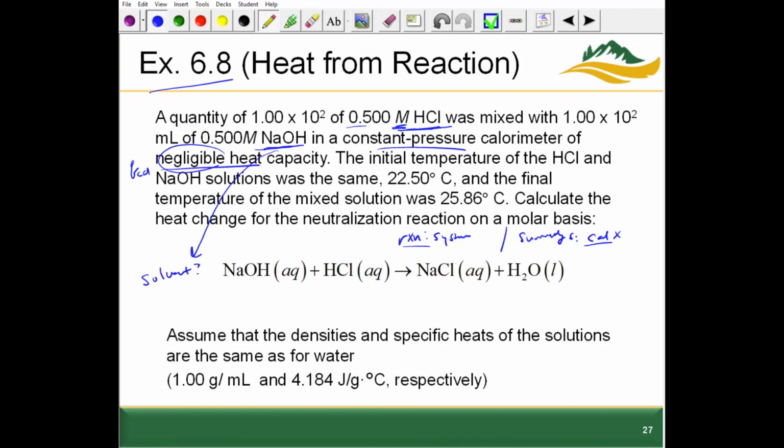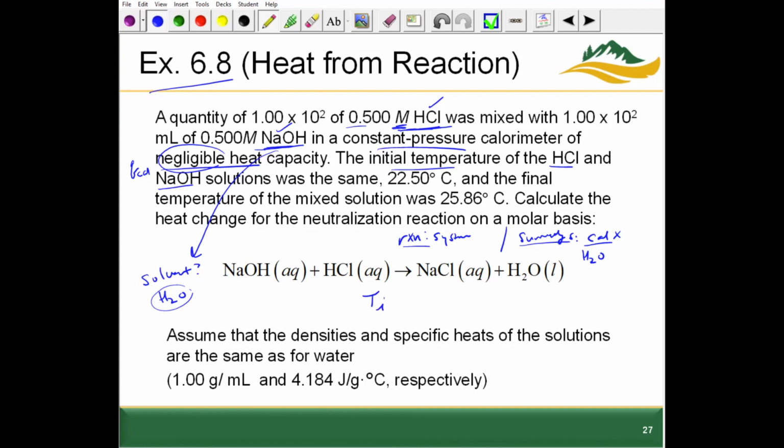So to make this, we could take solid sodium hydroxide and then dissolve that into water. So our surroundings here are going to be the aqueous solution that contains this concentration of hydrochloric acid and this concentration of sodium hydroxide.